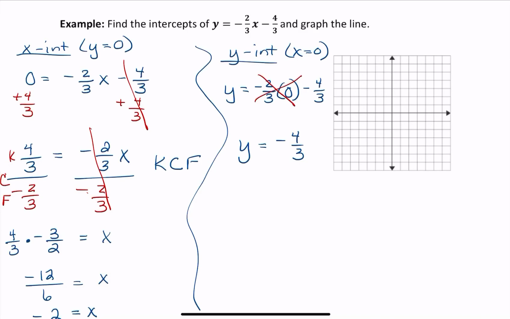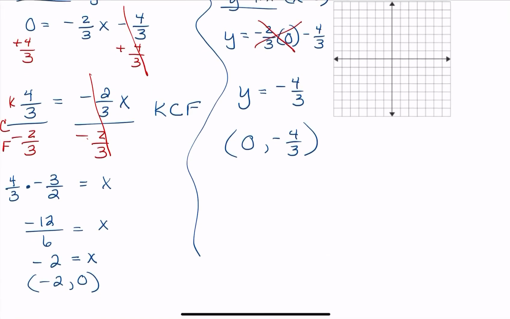So your y-intercept is 0, negative 4/3. So our two intercepts are negative 2, 0. And then 4/3 is like 1 1/3. And we're going negative, so we'll be down 1 1/3. So the graph of our line looks like something like that. Okay, and that is section 1.1.